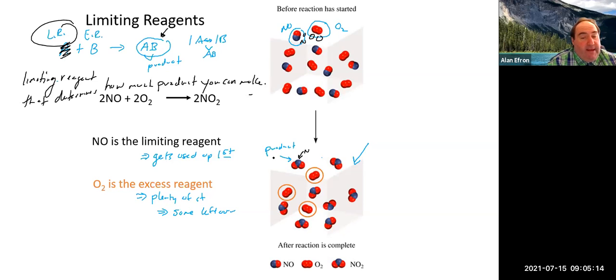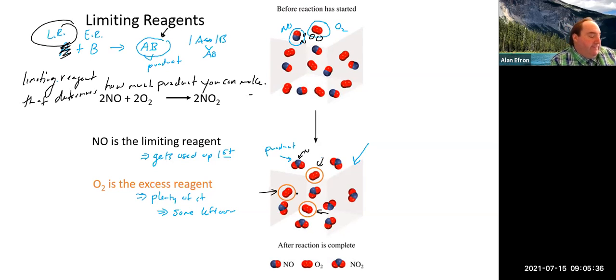We do have plenty of O2 left over, which is another common question you're sometimes asked in these types of problems: how much of your excess reagent do you have left over? In this case, we could simply count. We have about 3 O2 molecules left over. So it's always the limiting reagent that determines how much product you can make.